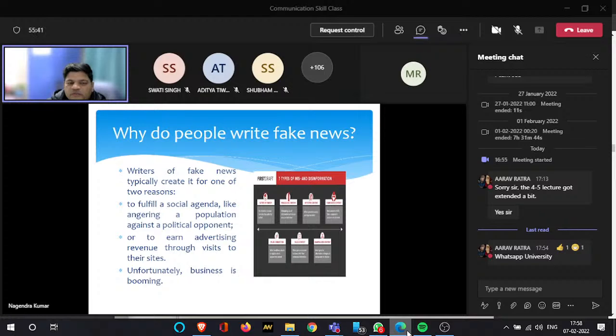Writers of fake news typically create it for one of the following reasons: to fulfill a social agenda, like angering a population against a political opponent. So you will find that there are a lot of extremist groups that create or propagate this kind of content, and I have seen it on Facebook or on other platforms.